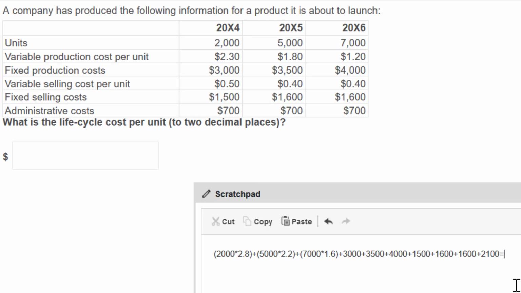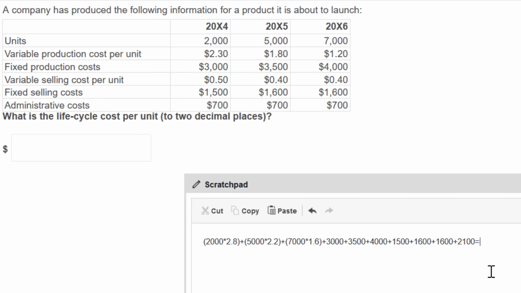Okay, plug those carefully into your handy-dandy handheld scientific calculator, and the result will be 4,500. Now, we need to read very carefully. They don't want the total cost over all of the years. They want a unit level cost.